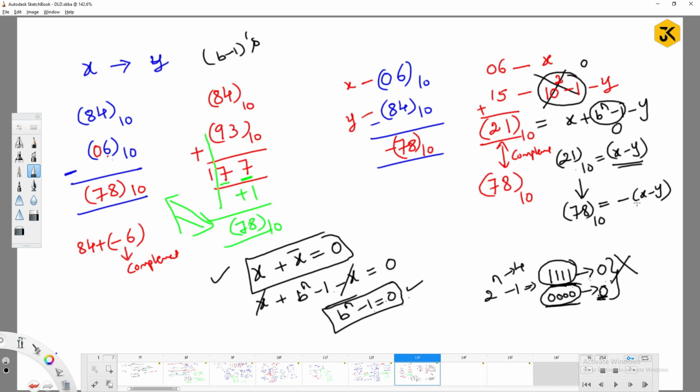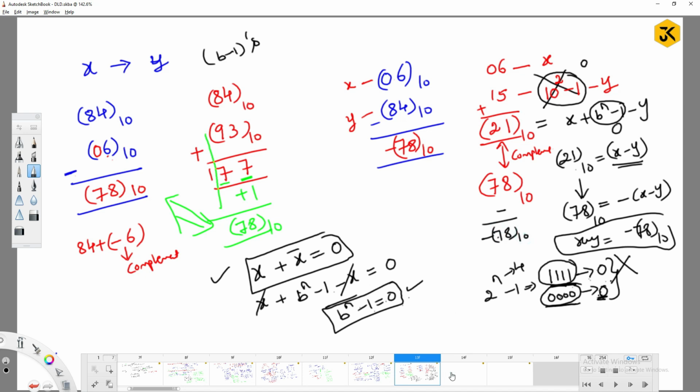So if I remove the minus here and move towards right side, x minus y equal to minus 78 base 10. So this logic you have to follow. Once you perform complementation, then again you have to append minus. So you are going to get minus 78 base 10.